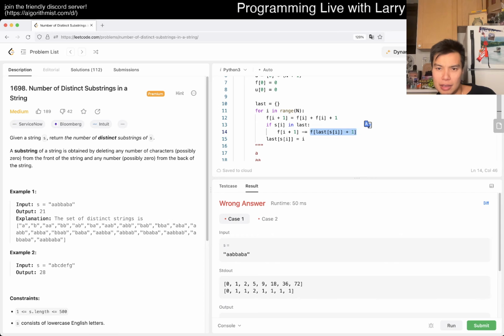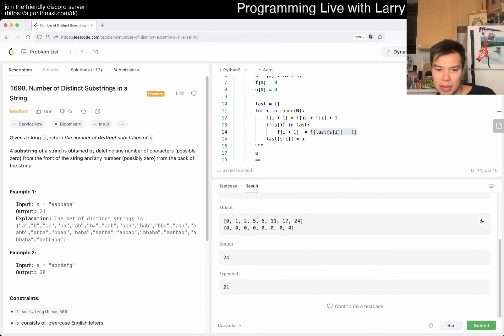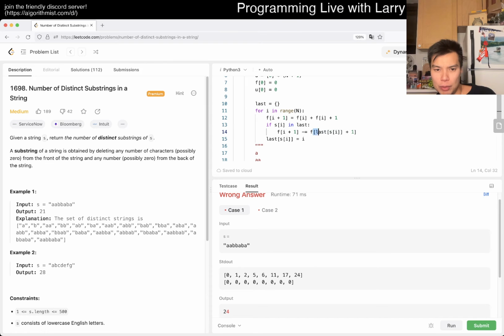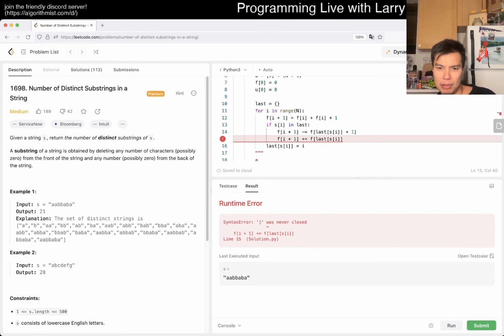We subtract this. But that is too much. What is this? This basically includes all the ones that don't include all the uniqueness, but it's a little bit weird.